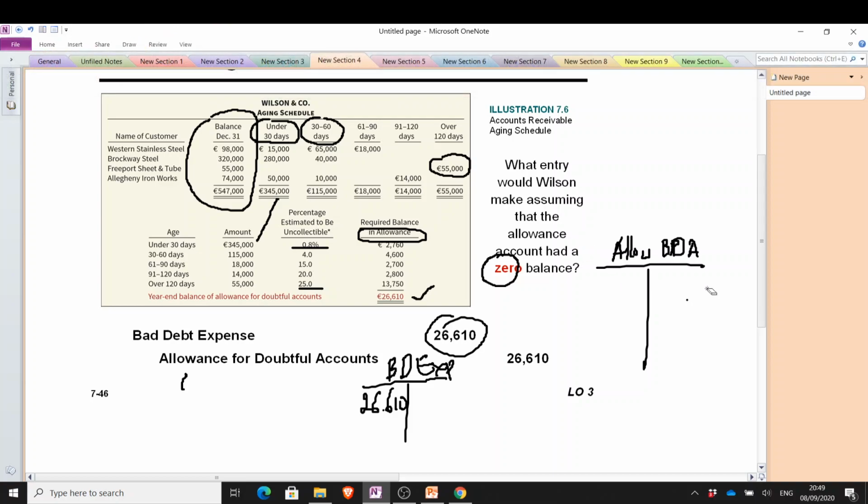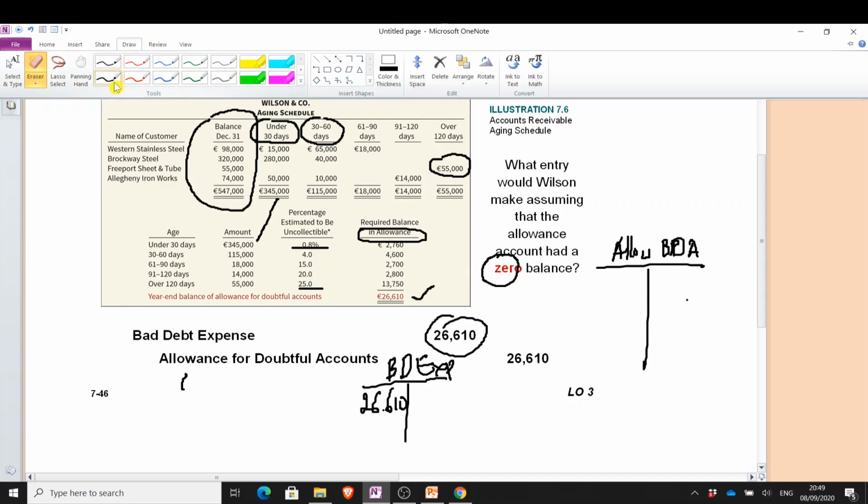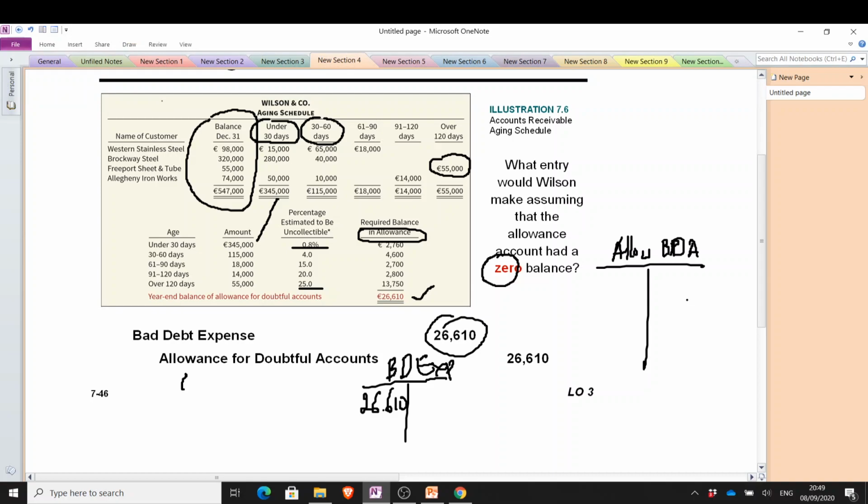So let's say we already have 800 here as a balance, not zero but 800 as a balance.